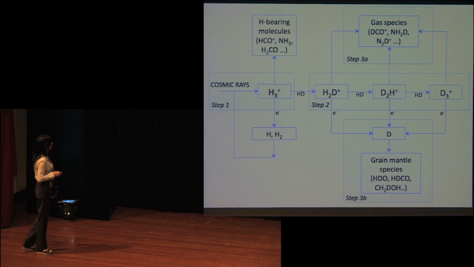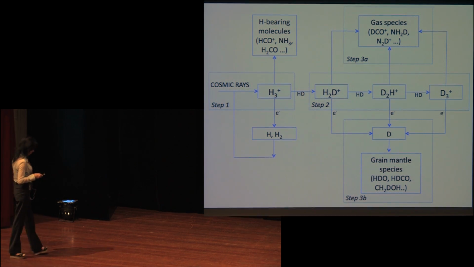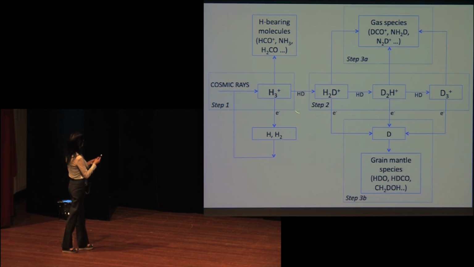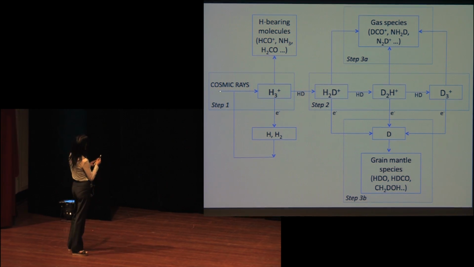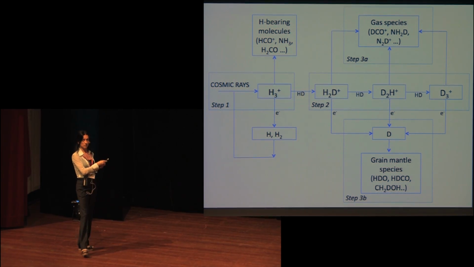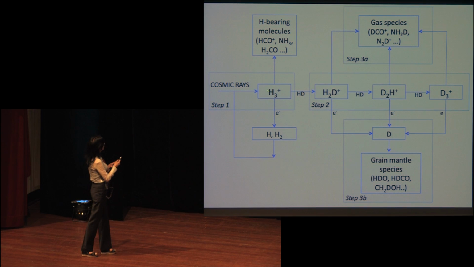Now, don't be scared. This is not so complicated. Just follow me, so that we don't see everything together. Start from this. This is where we left off from the past slide. Cosmic rays form H3+.